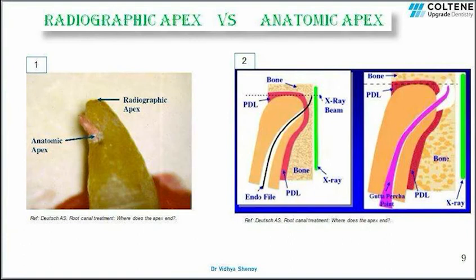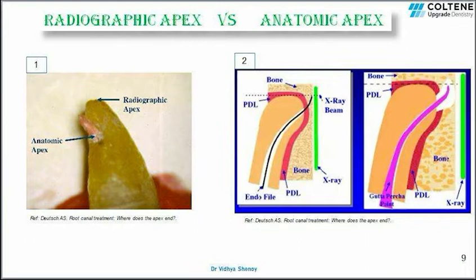You will be able to appreciate what I was talking about in the previous slide from this picture. From the picture on the left hand side, we can clearly see the location of the radiographic apex and anatomic apex varies. But we often forget this and we obturate till the radiographic apex.